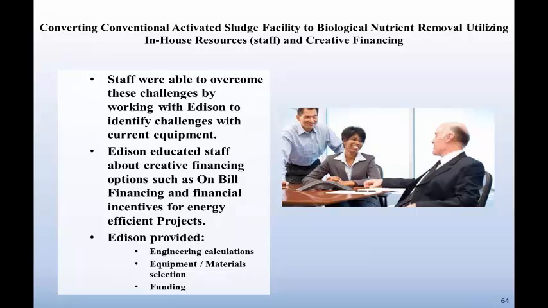What Edison did, they provided engineering calculations, equipment and material selection, and funding. Now by Edison providing the engineering calculations and evaluating equipment, it made it a lot easier for us as a public agency to sole source this equipment, purchase it directly, and install it.